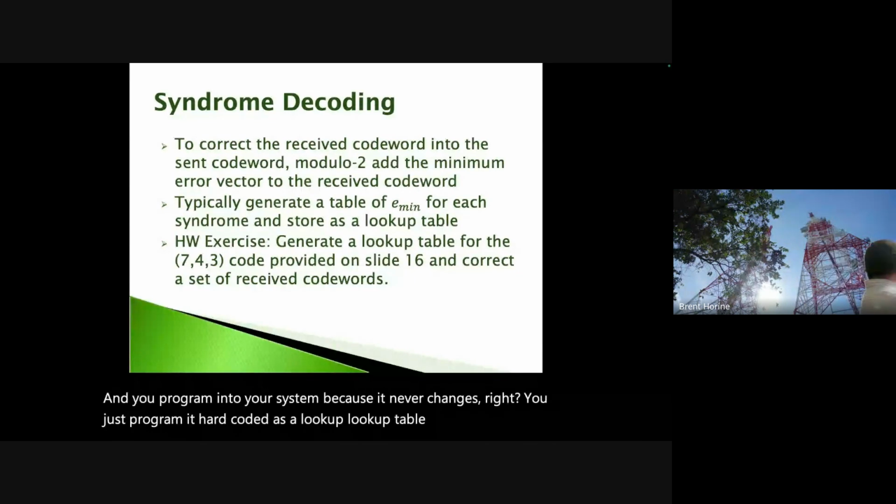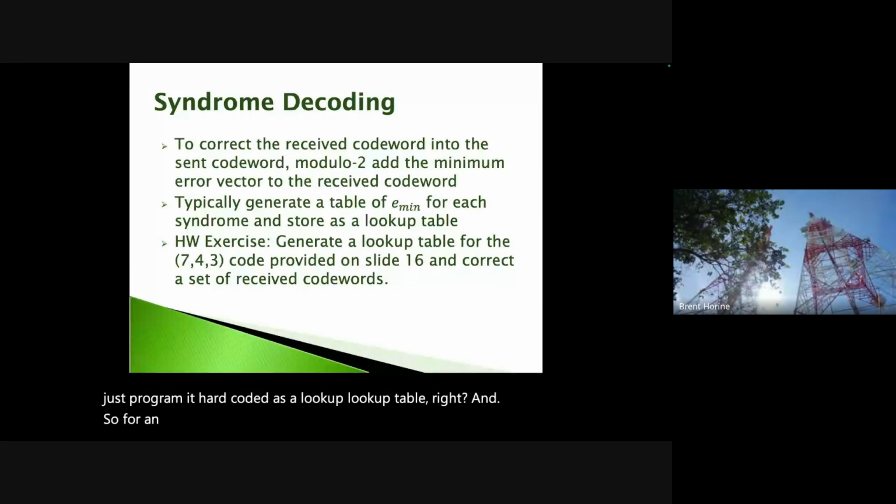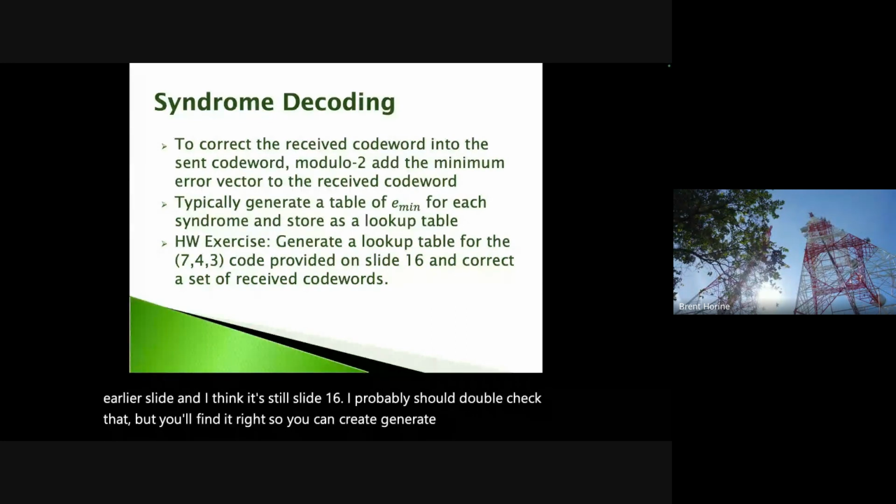And so for an exercise, you can take that Hamming 7,4,3 code on that earlier slide, I think it's still slide 16, I should double check that, but you'll find it. You can generate this lookup table of E min and then correct for a set of code words.